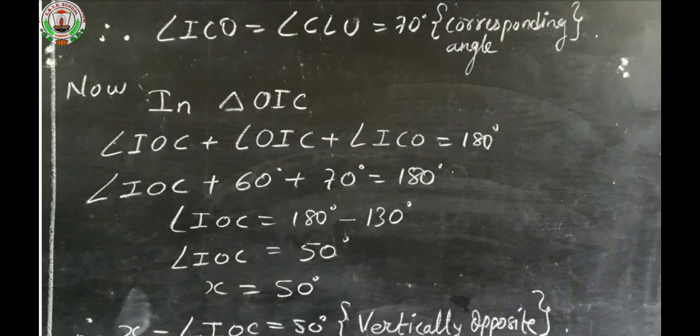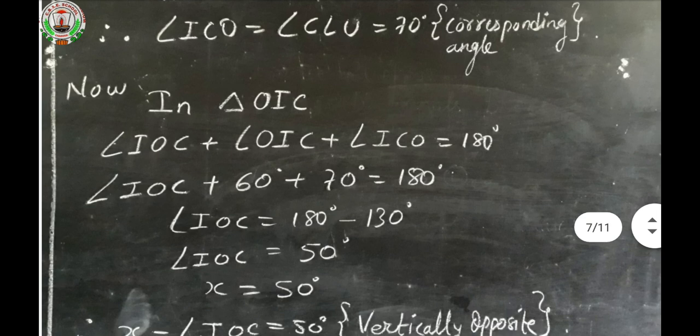So angle IOC plus angle OIC plus angle ICO is equal to 180 degrees, isn't it? Where angle OIC value is 60 and angle ICO value is 70 degrees. We are going to put these in place of the respective angles. So the equation will become angle IOC plus 60 plus 70 is equal to 180 degrees.